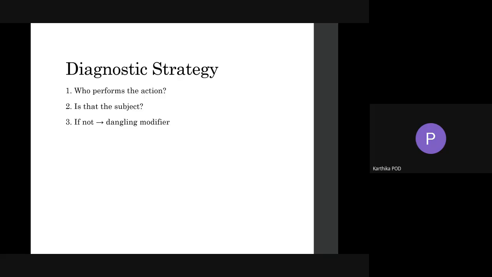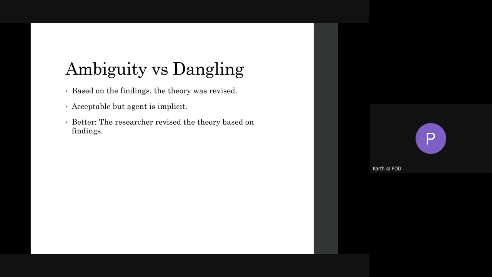So basically, without overcomplicating, when you see sentences of this kind, you just need to ask, is there a subject that is explicit in the given sentence, right?